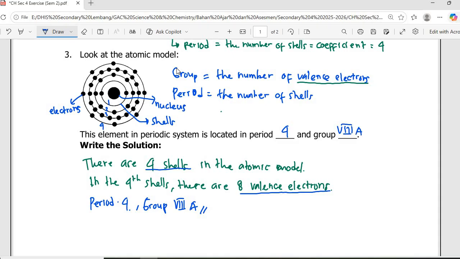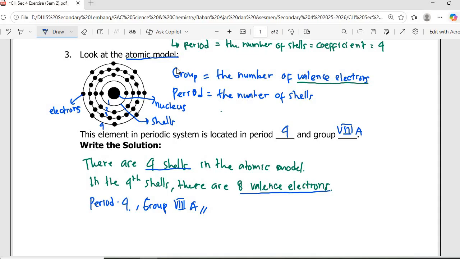Remember that if you find a question like this, which only provides an atomic model, the element is located in group A, not group B, because this is the old theory based on electron configuration by Niels Bohr, and group B is only represented in electron configuration based on Aufbau, or in the SPDF format.